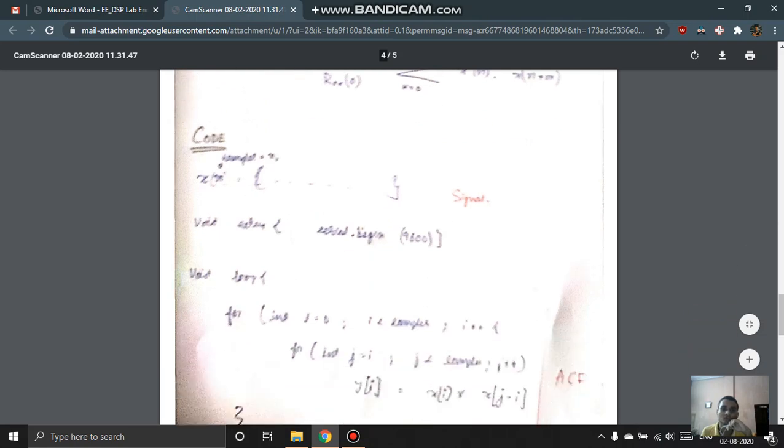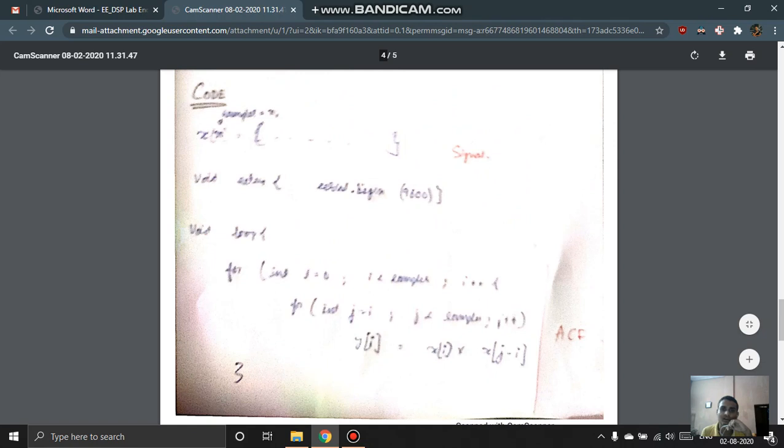I wrote the code in a lot of hurry, so I skipped a lot of things. I have not done the filters in it. I've started with the autocorrelation function. First we will have a moving average and low pass filter before this, but due to time constraint I couldn't write that.